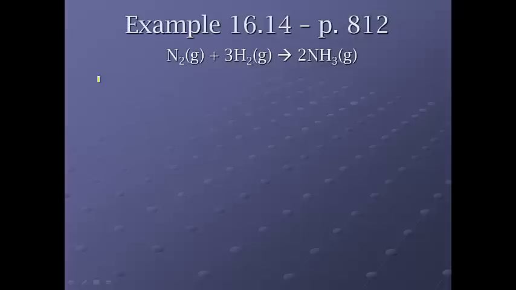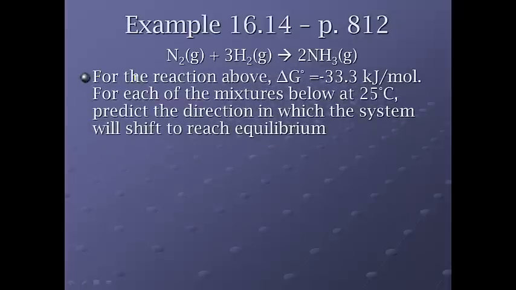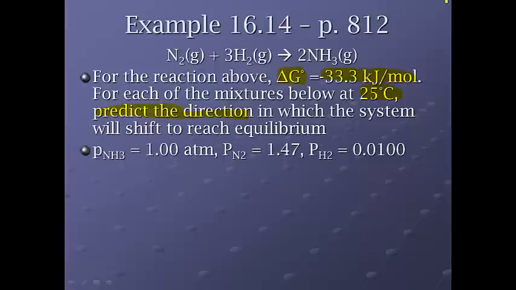Now if we look at another example, the Haber process where we're generating ammonia, the delta G prime is going to be negative 33.3 kilojoules per mole. For each of the mixtures below at 25 degrees Celsius, we want to predict the direction the system will shift in order to reach equilibrium.